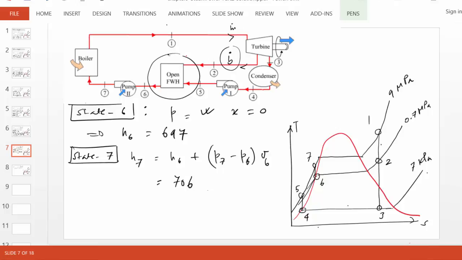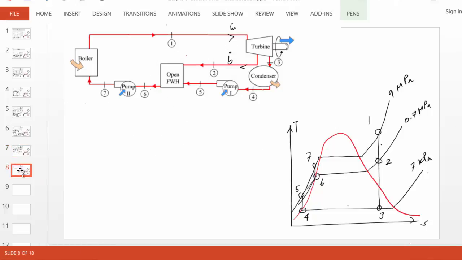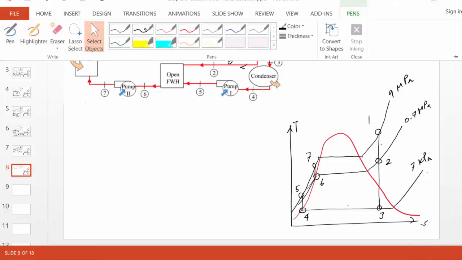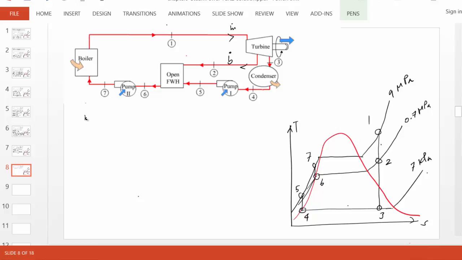As we already wrote the equations before for this, let's do it on a fresh page. Energy that goes out, m dot times H6, must equal energy that comes in, b dot times H2 plus (m dot minus b dot) times H5.